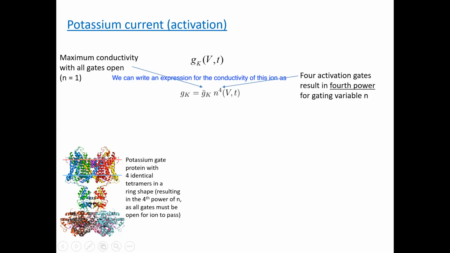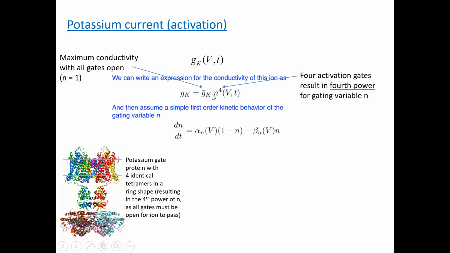And this is a picture of a potassium gate, a diagram with the proteins drawn schematically. It has 4 subunits here in a ring shape, and all 4 of these have to be in an open position for the ion to pass through, which explains the fourth power here.